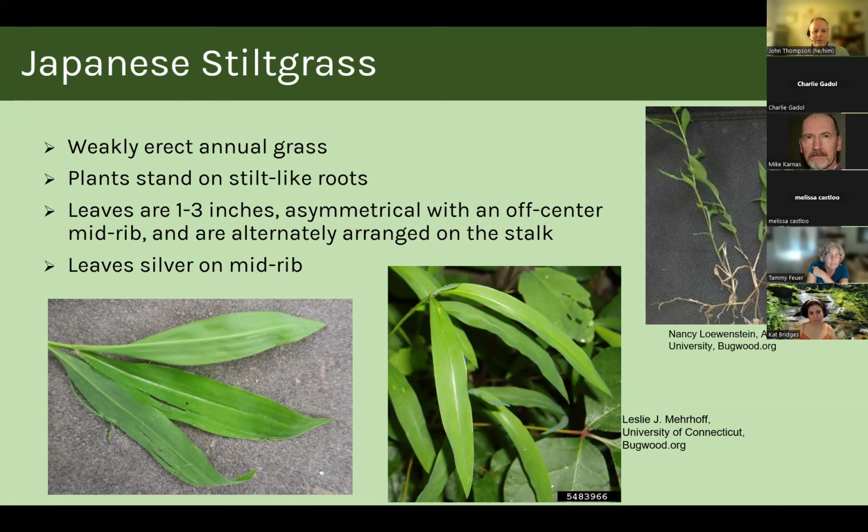And it has a silvery midrib on the leaf that you'll notice on both the back side of the leaf, as in the lower left-hand photo, and in the middle photo here on the upper part of the leaf. You can see that silver midrib. So that's characteristic of this plant.